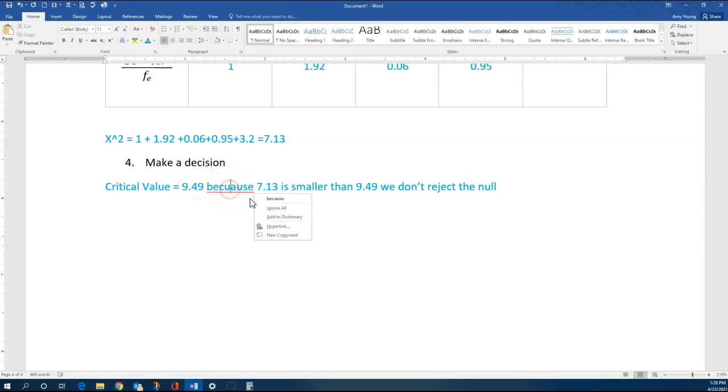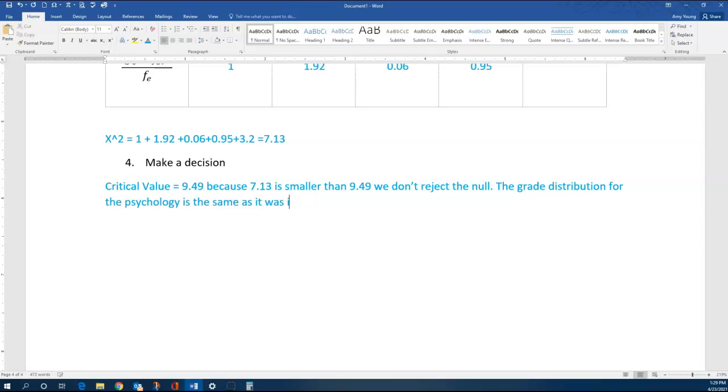Okay, so we're going to keep that null hypothesis, which means, remember, this is what we're talking about, that the grade distribution for the psychology is the same as it was in 1985.